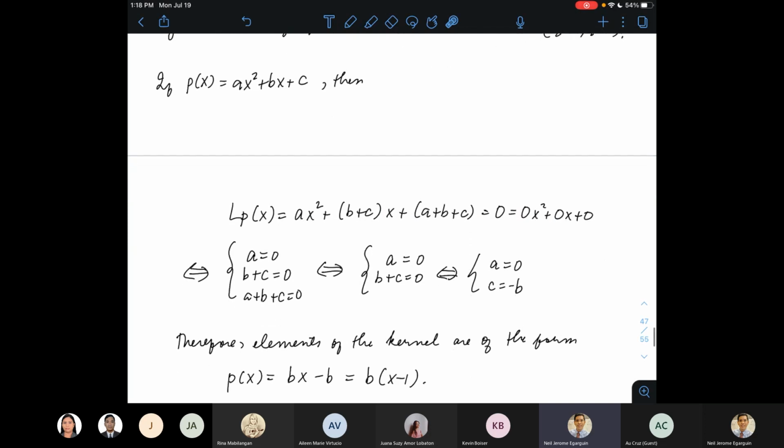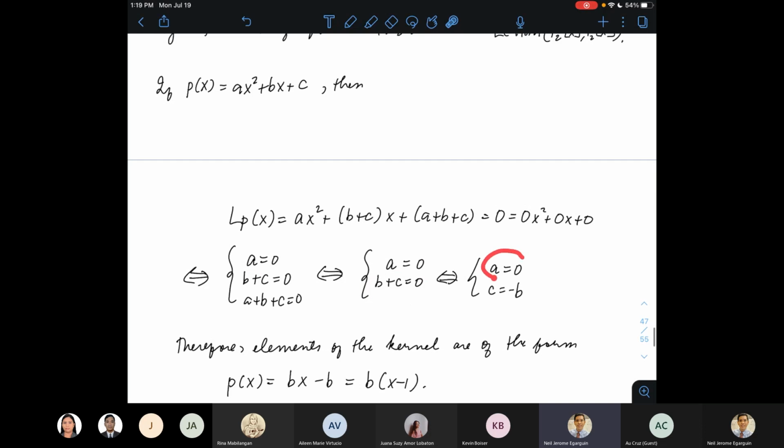And then we can just do forward substitution. Let's see. a is 0, so that means b plus c must be equal to 0. So if that is the case, then a is 0, and c must be equal to negative b.